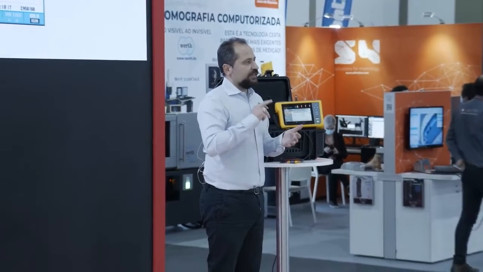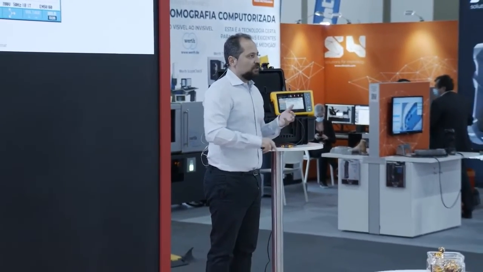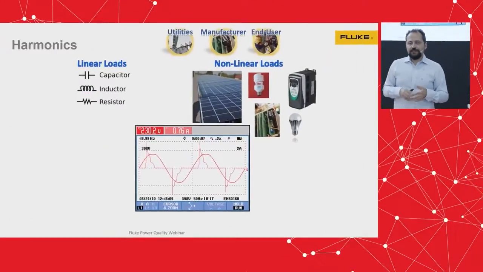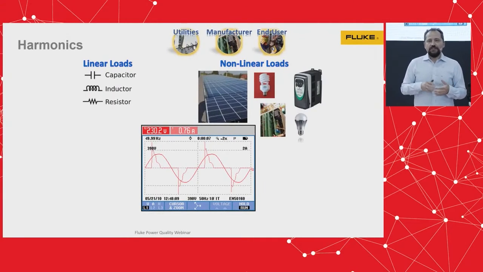Whether we have a rectifier, a diode, or any semiconductor device that makes me work in DC instead of AC, that is introducing harmonics by default, which are high frequency components in my signal that have bad consequences for our power quality.